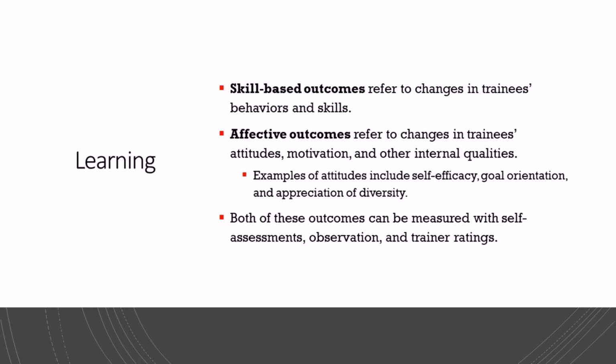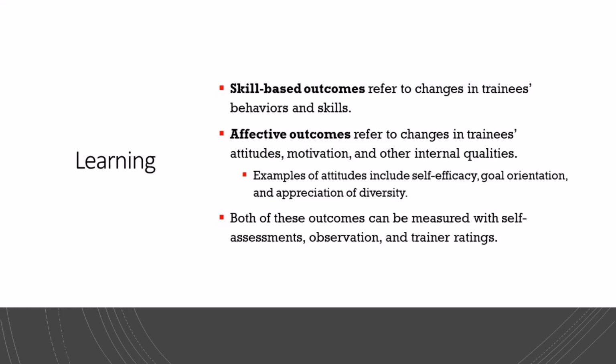We can also assess learning outcomes by measuring the change in trainees' attitudes, motivation, and other internal qualities. For example, training might focus on increasing trainees' self-efficacy, developing more of a learning orientation, or enhancing people's appreciation of diversity. To assess these outcomes, self-assessments are often used.